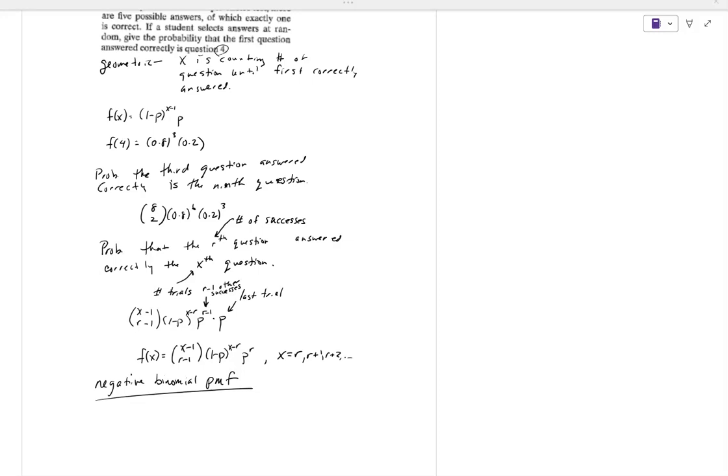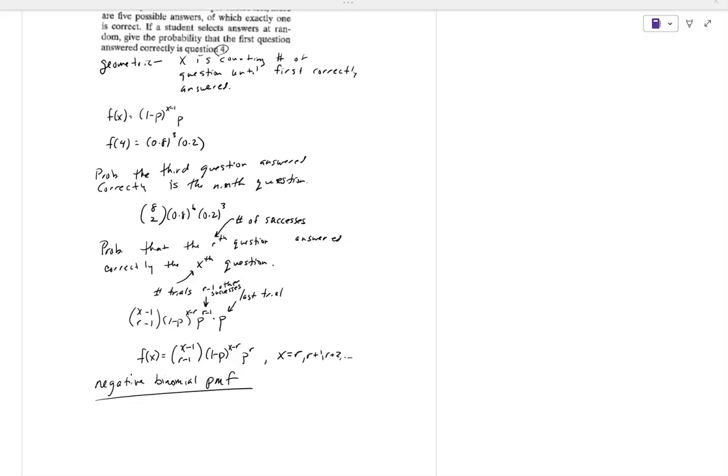Geometric counts the number of trials until the first success. And then negative binomial extends that to the number of trials until the rth success, whatever r happens to be. So it could be second, third, 12th, or what have you. That was the PMF we created last time.